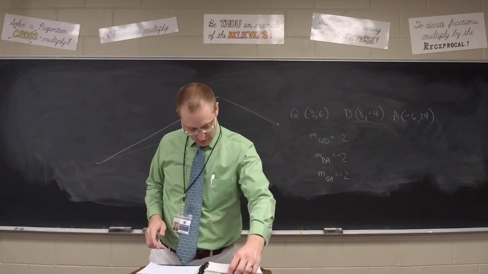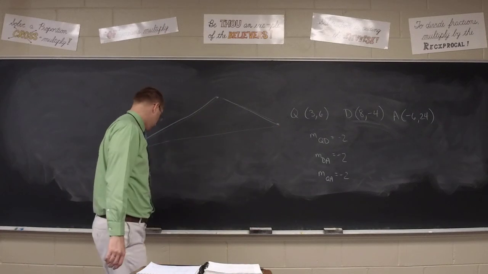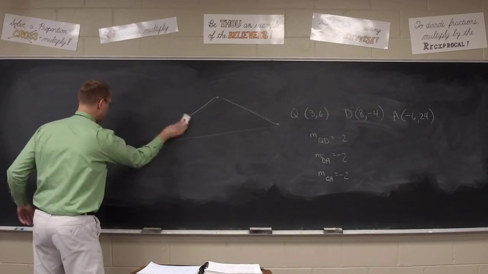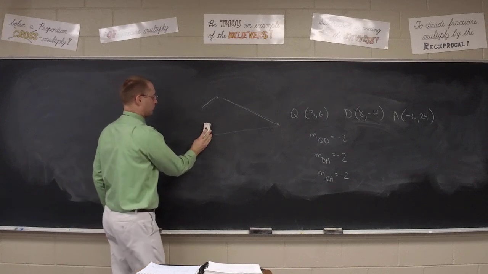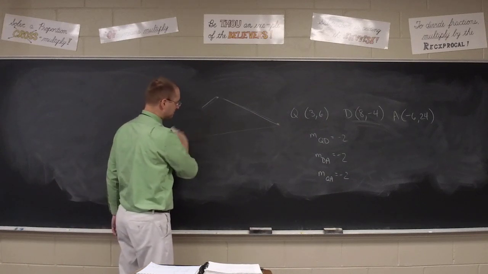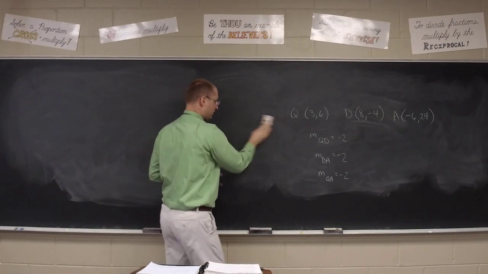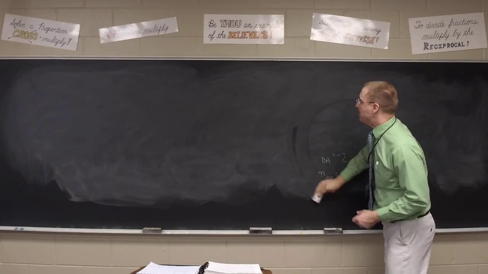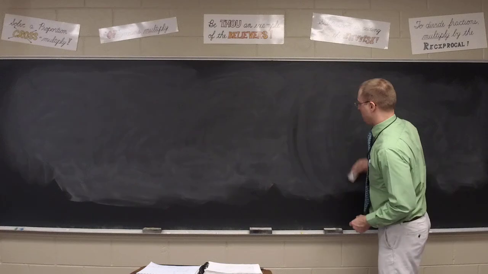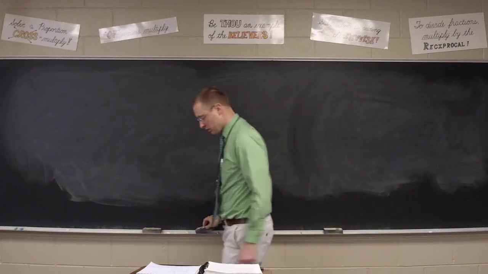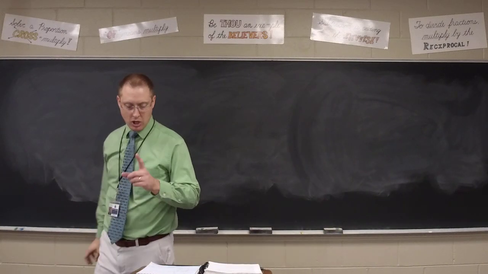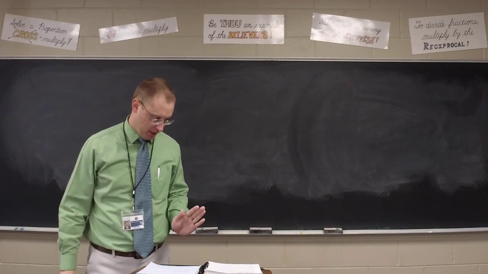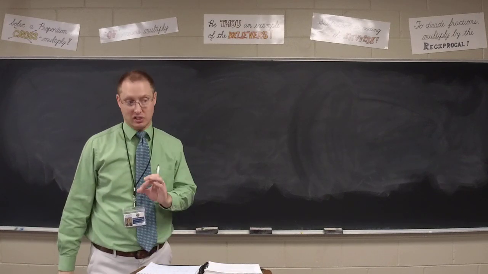Read number 6. Show that the median to the longest side of triangle ABC is also an altitude. Okay, remember, what's a median? It goes from the vertex to the midpoint. So going from vertex to midpoint of the longest side.